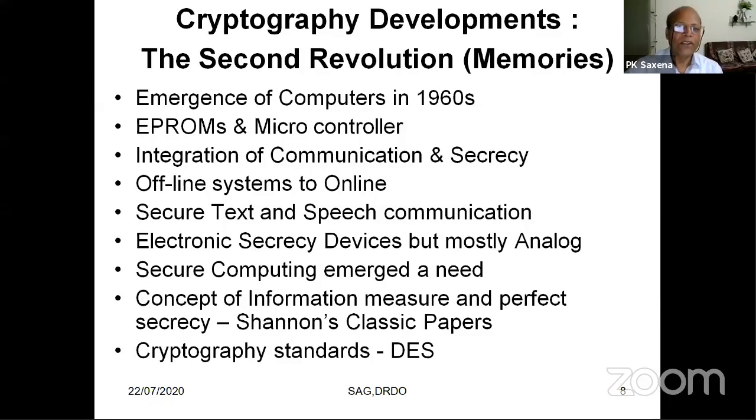So these systems were designed, and most of the time a dedicated machine with some memories, some EPROMs and controllers was created, where the concept was that there will be a center known as the crypto center, and the messages will be brought there and converted into cryptograms using these machines offline.